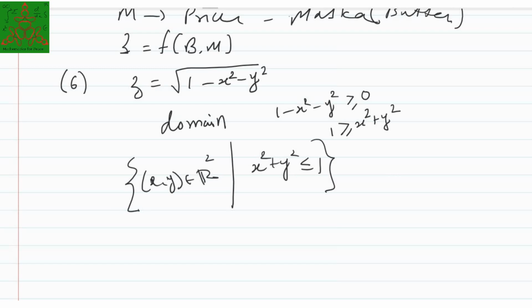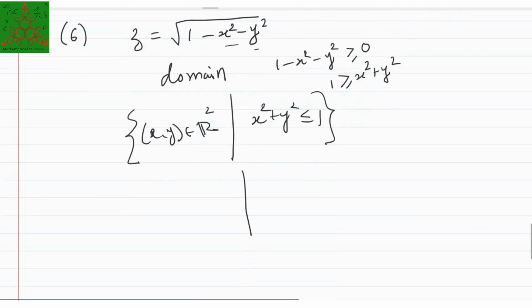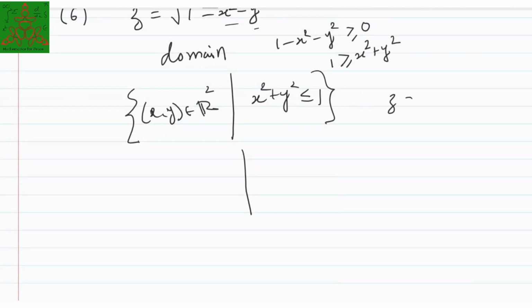If you try to plot this as a function, then what will happen? Suppose the values of x and y are 0. If you have a 3-dimensional figure, as I talked about, z is equal to f of x, y represents a surface. So this will represent one of the surfaces. What is that surface? Let us try to see.